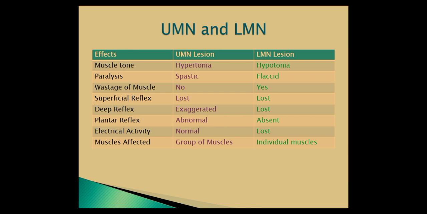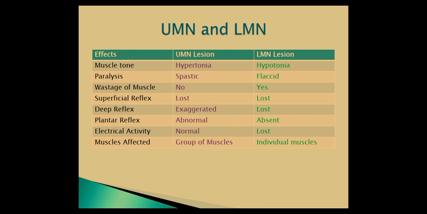What about the plantar reflex? Whenever the upper motor neurons are lesioned, the plantar reflex is observed abnormally. That is called the Babinski sign; the abnormal plantar reflex is called Babinski positive. Whenever a lower motor neuron lesion takes place, the plantar reflex is absent. And what about the electrical activity? In the upper motor neuron lesion, electrical activity is normal, but in the lower motor neuron lesion, the electrical activity is lost.